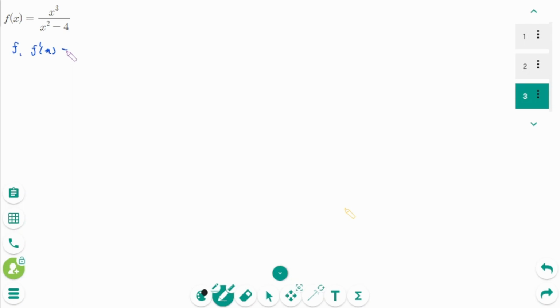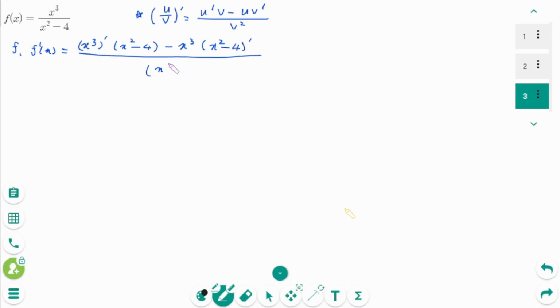F prime of x equals, using the quotient rule, u over v prime equals u prime v minus u v prime over v squared. x cubed prime times x squared minus 4 minus x cubed times x squared minus 4 prime over x squared minus 4 squared equals 3x squared times x squared minus 4 minus x cubed times 2x over x squared minus 4 squared.